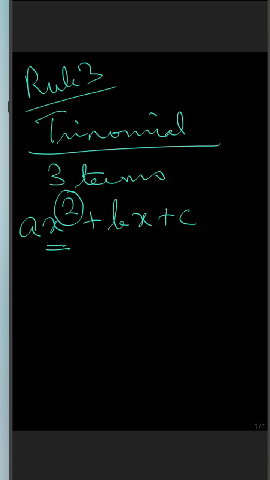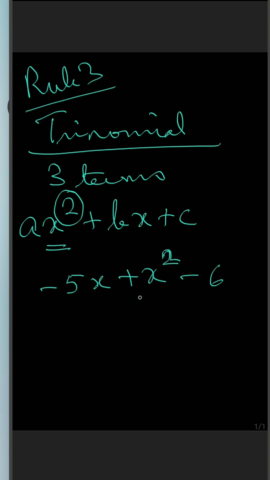So in a given question, if we have an equation, to solve this equation with rule 3, we have to arrange it in descending order of the power of the unknown variable.